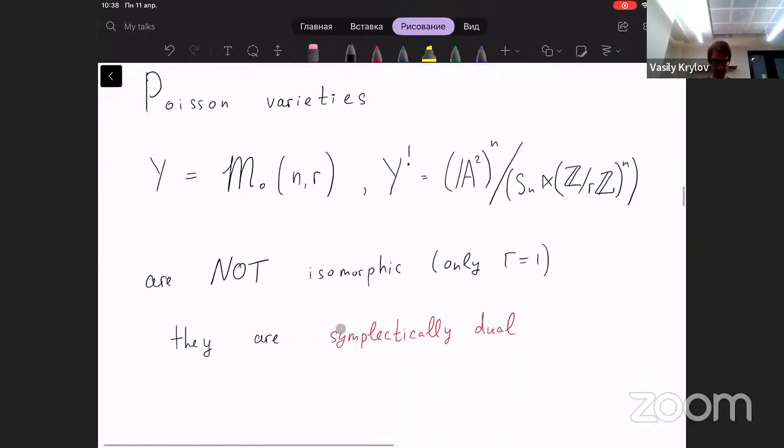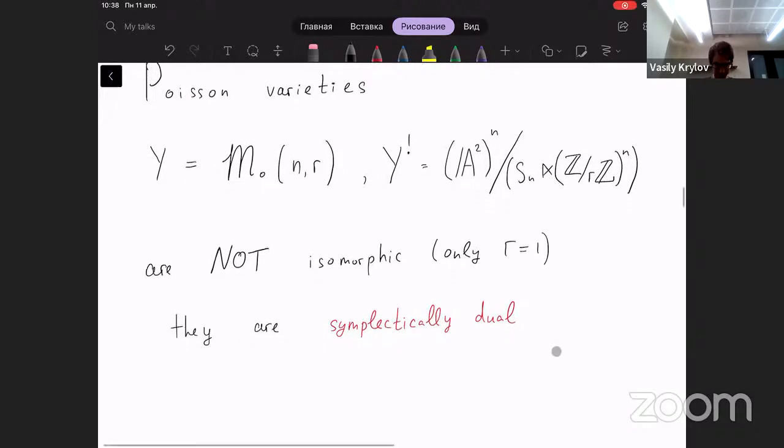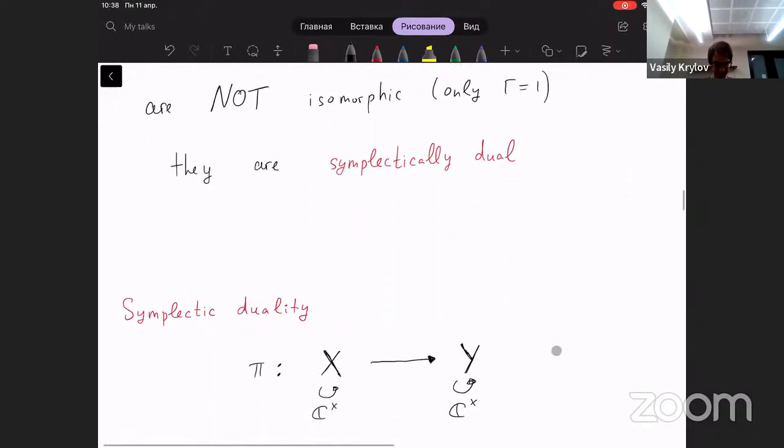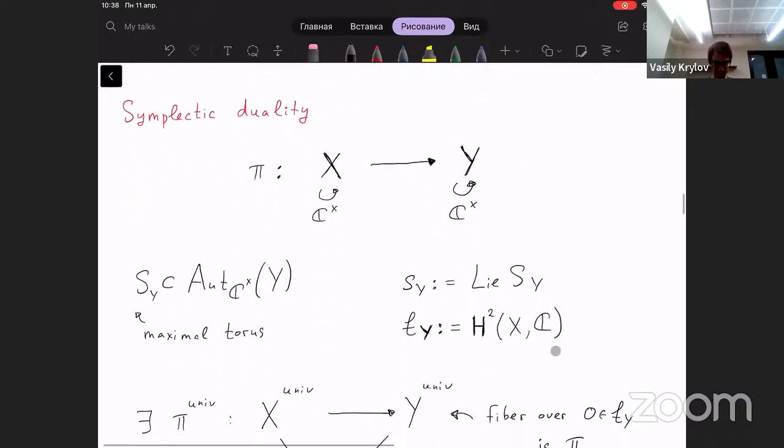Let me return back. So I'm saying that these varieties are symplectically dual, and let me try to explain what it means. Okay, so symplectic duality. Let us recall the general situation. We have X mapping to Y, and we have this contracting C times action. Let's consider the group of automorphisms of Y which commute with this C times and which preserve the Poisson structure.